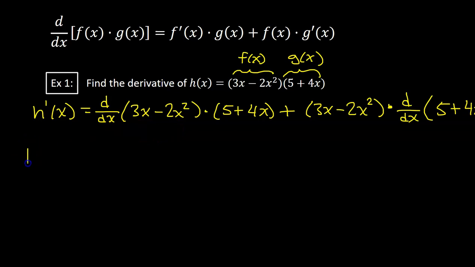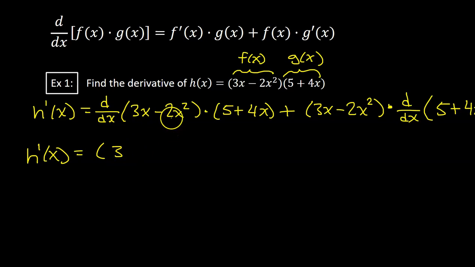So if I want to have h prime, first I'm going to do the derivative of 3x minus 2x squared. Remember that when you do the derivative of a polynomial, you can do each term separately. So first I do the derivative of 3x, which is simply 3.